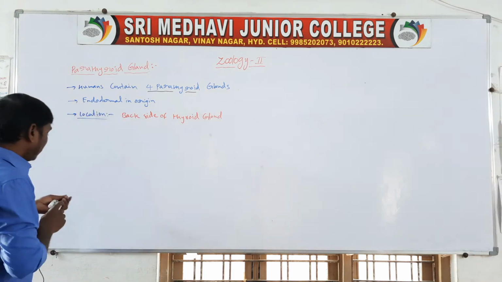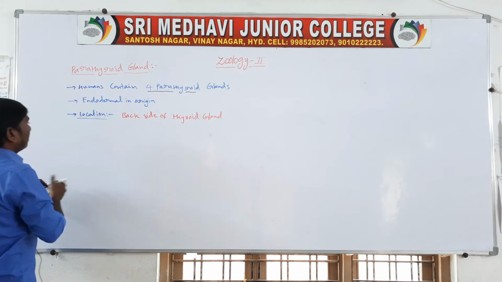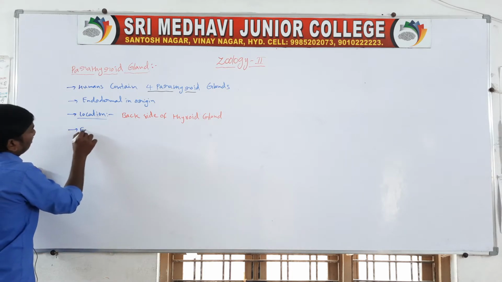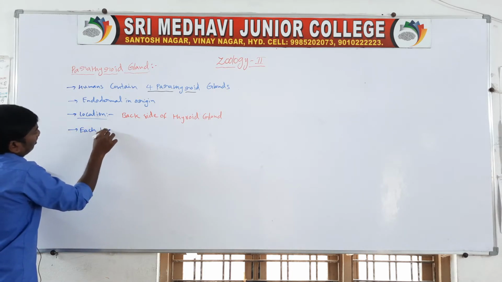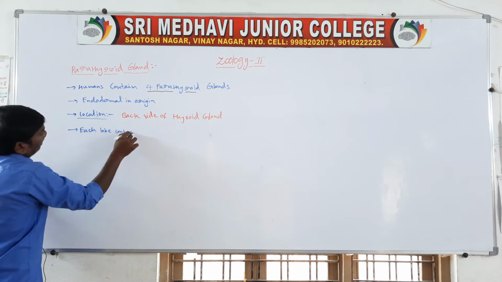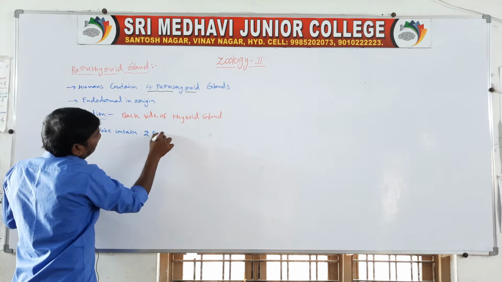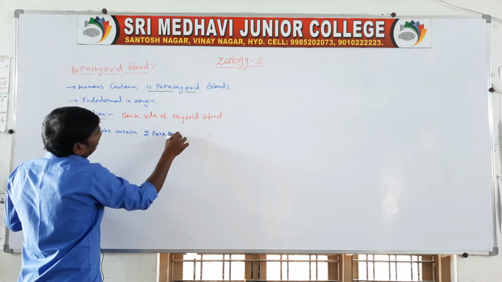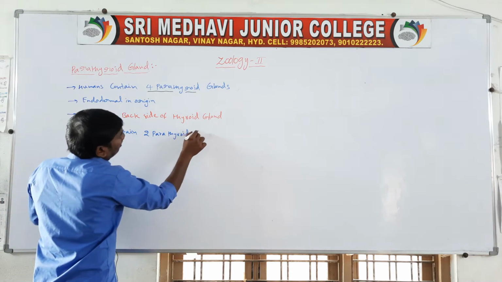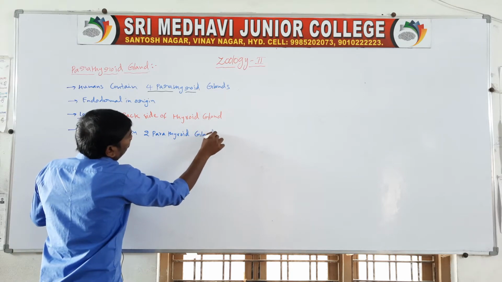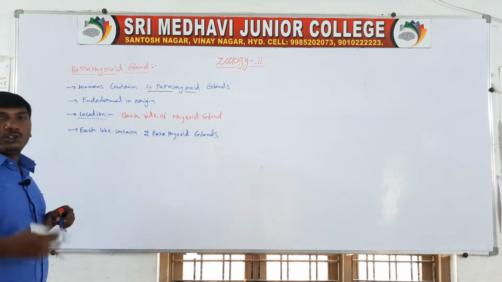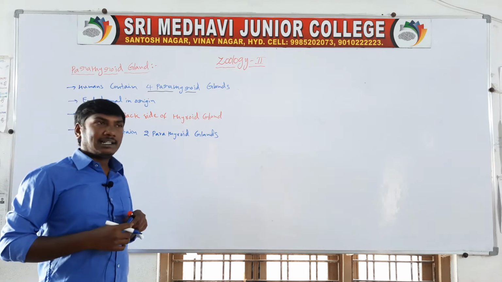Each lobe contains two parathyroid glands.